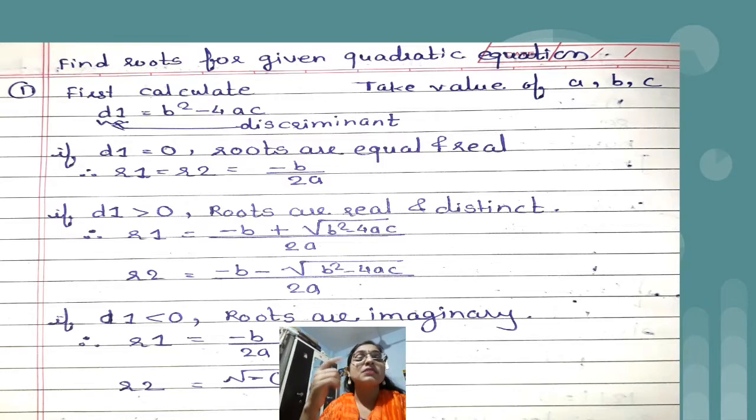That means minus square root of minus of b square minus 4ac upon 2a will be the formula. I have added this specially because you should know the calculation behind the quadratic equation.